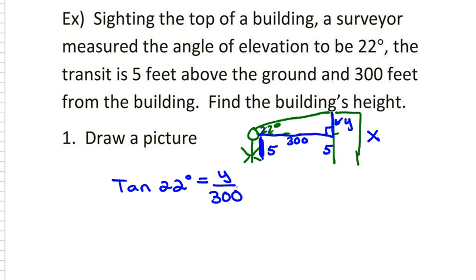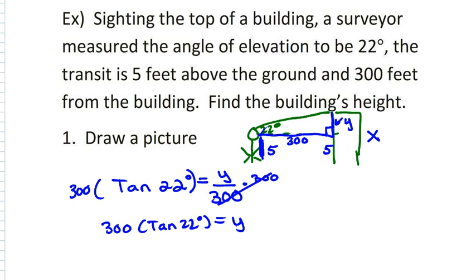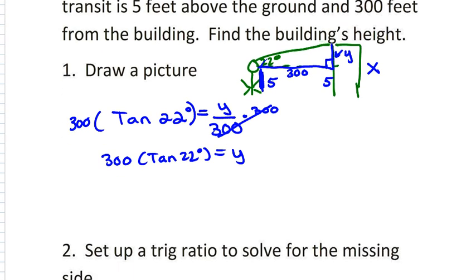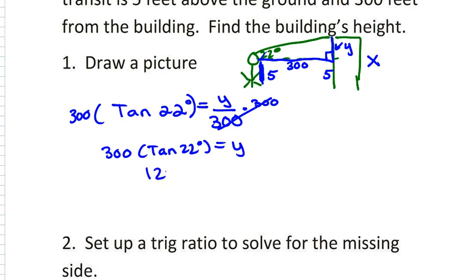Now, when I type this in my calculator, first of all, I can multiply by 300 to get y by itself. And 300 times tangent 22, that's equal to y. So basically, it's about 121.2 feet when you put it in and get that.